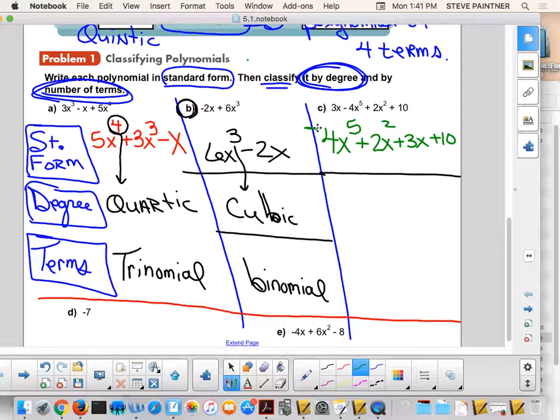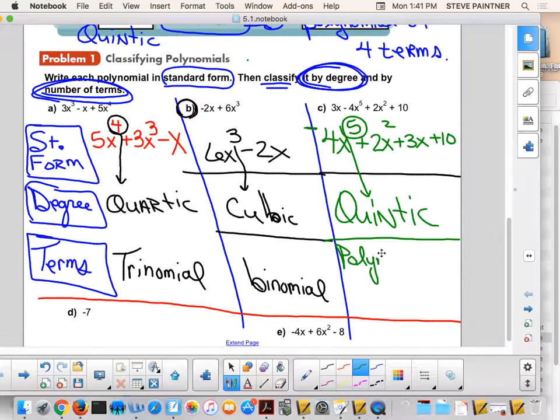Next. By degree, Faith? Quintic. She says quintic because she sees the 5. Number of terms? Polynomial. Yeah, there's no special name. It's polynomial of 4 terms.